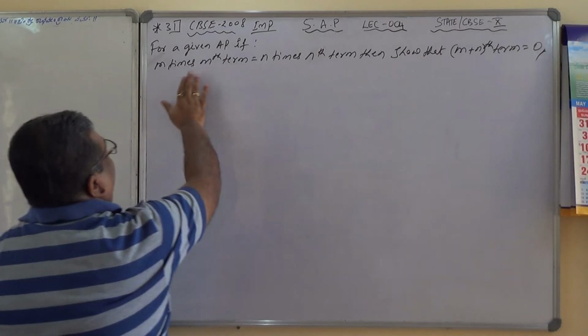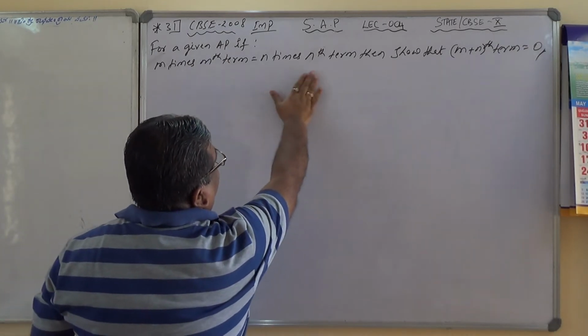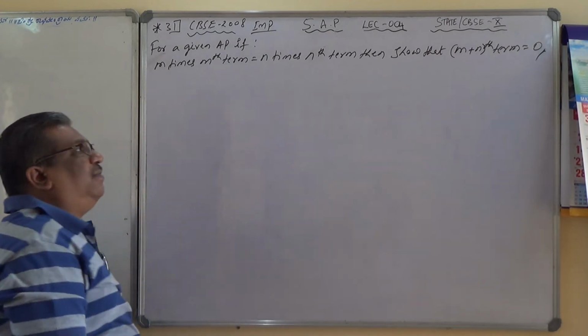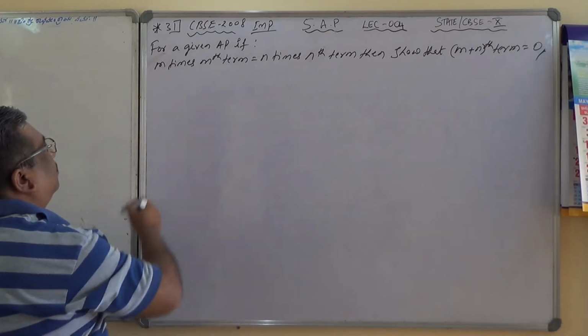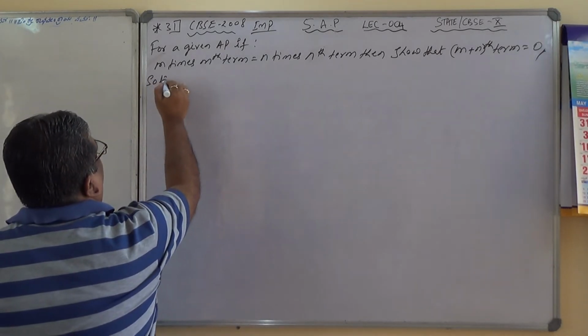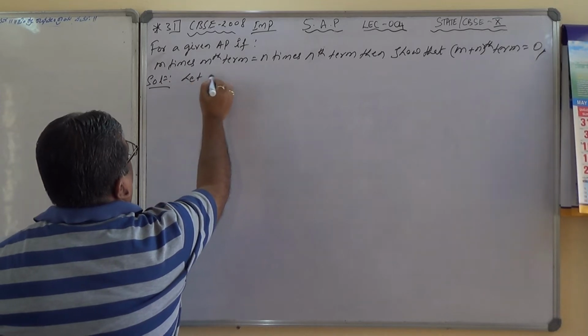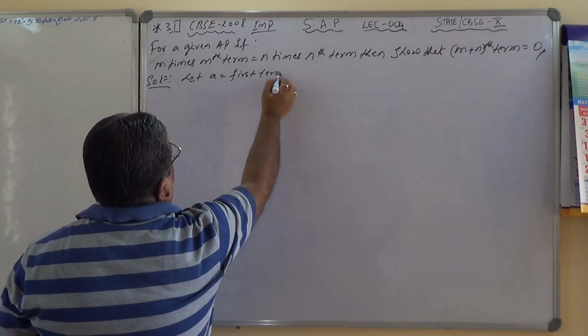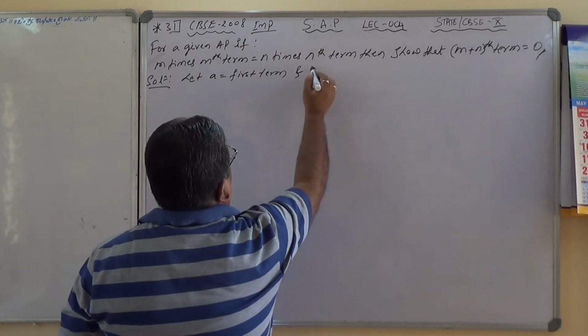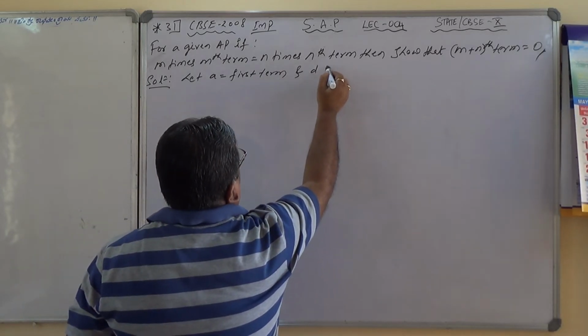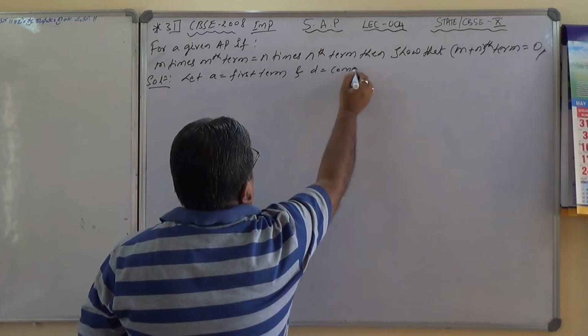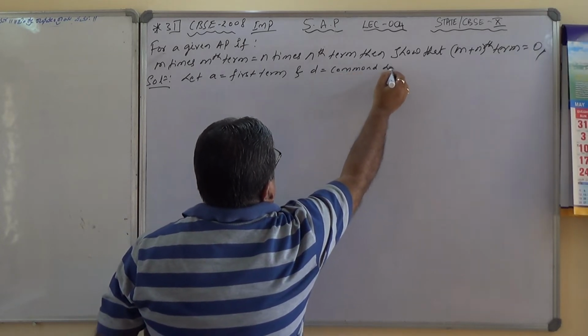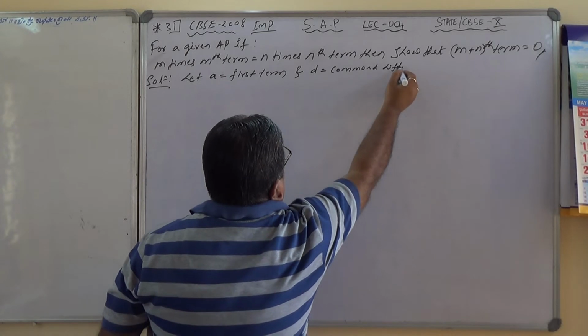For a given AP, if m times the mth term equals n times the nth term, then show that the (m plus n)th term is 0. So solution: let a equals first term and d equals common difference. I hope this you know how to write.